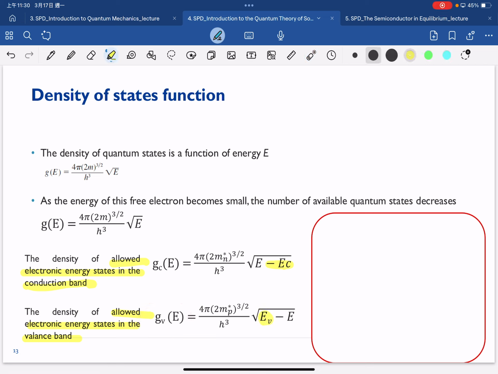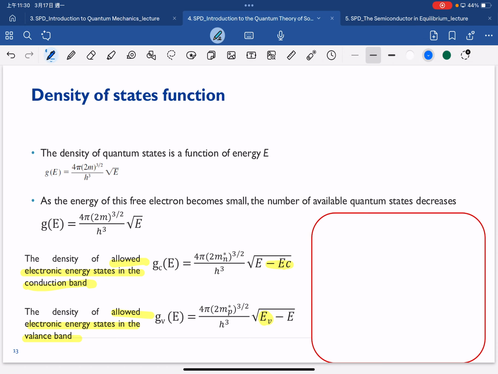This equation is very difficult to understand, but of course, we try to have some schematic to help everyone, also to better visualize the ideas behind it. And what we're going to use is a band diagram.